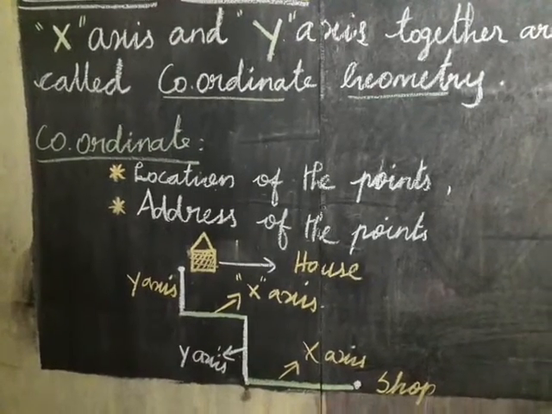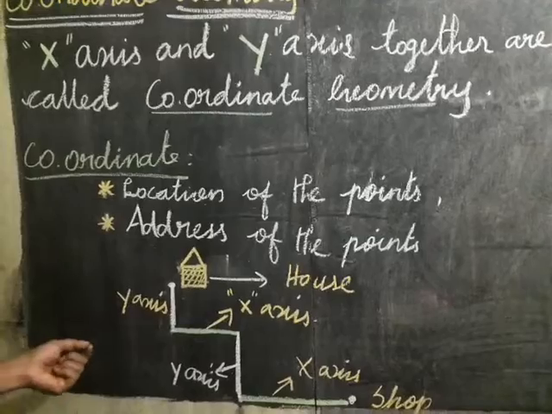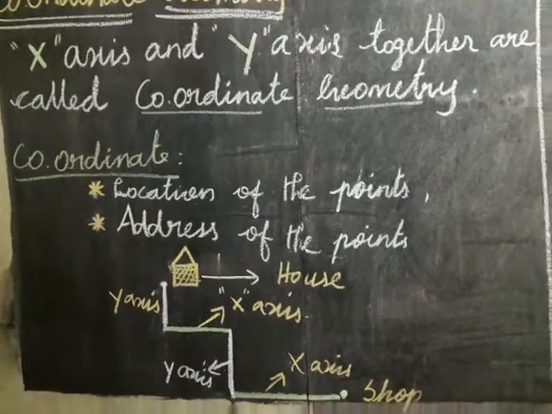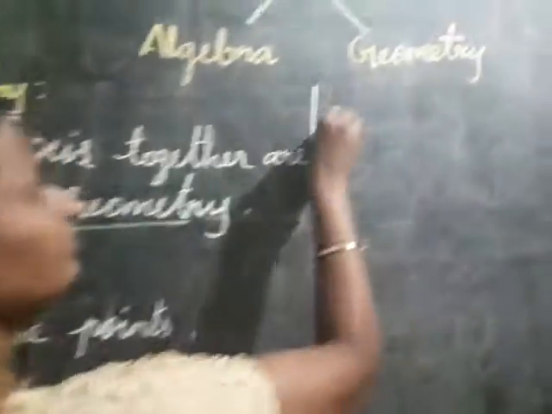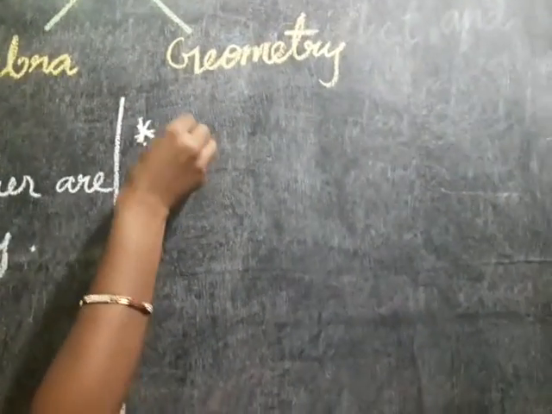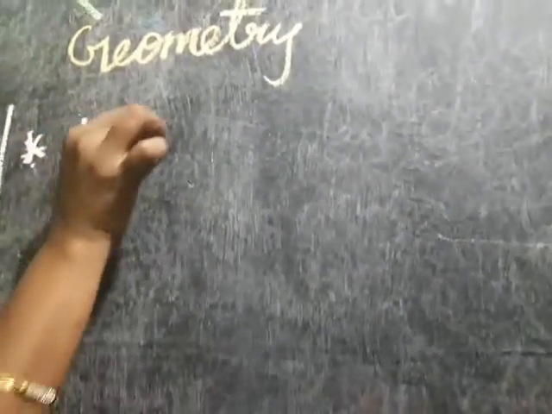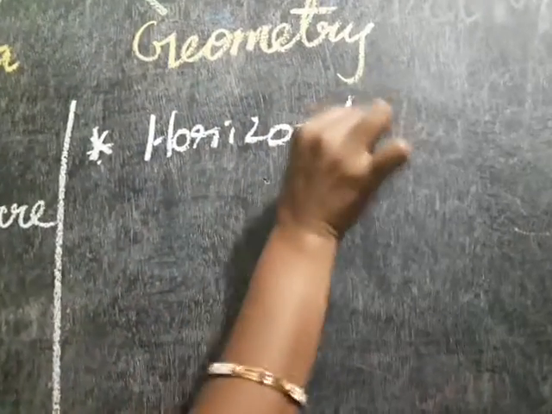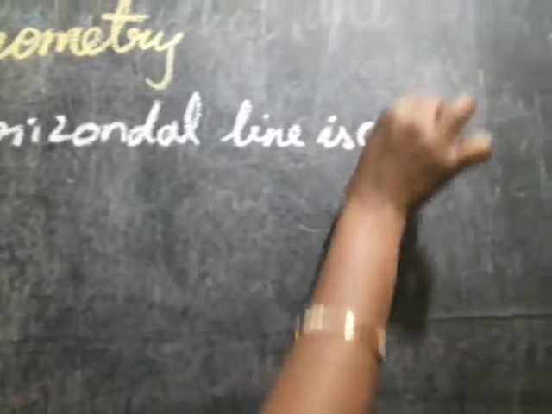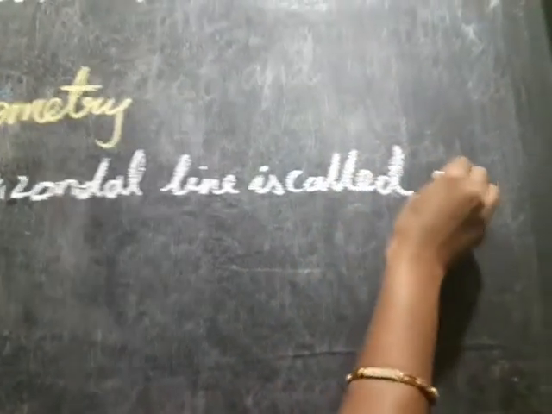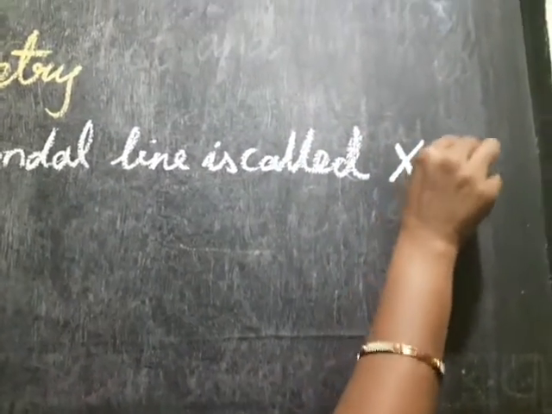Next, the horizontal line is called the x-axis.